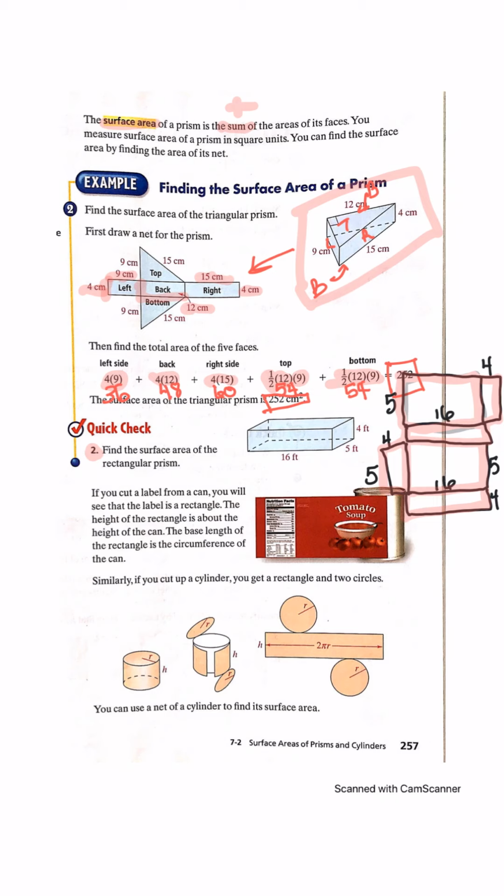So this side right here is 5 times 16. 5 times 16 equals 80. So the first one I'm going to have is 80. And really, I know if this one's 80, this one's also 80. They're the same size. So I'm going to add another 80.